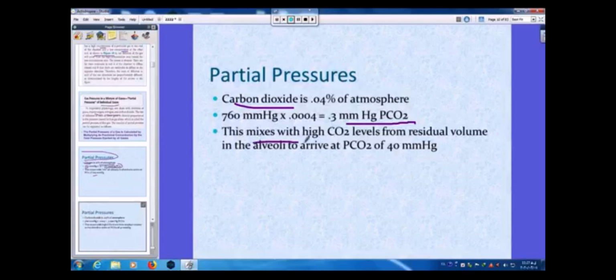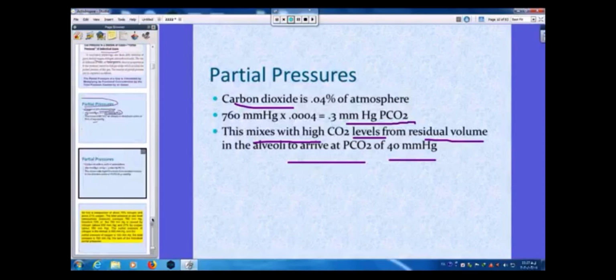This mixes with the high CO2 levels from the residual volume in the alveoli to arrive at a PCO2 of 40 millimeters mercury. You remember the two pressures in the alveoli in the respiratory system: CO2 is 40 millimeters mercury, and oxygen is 104.